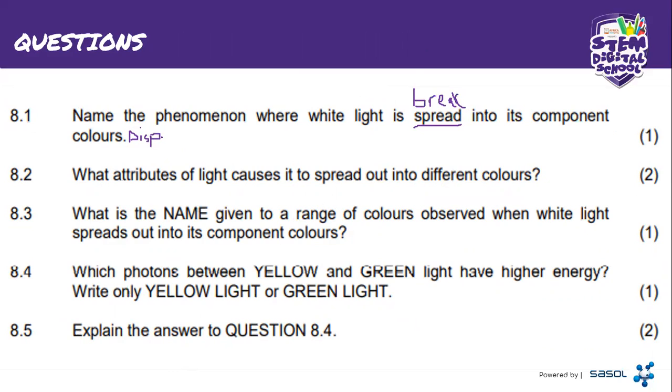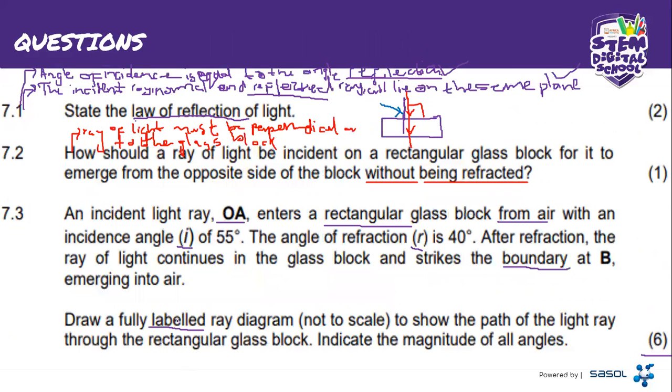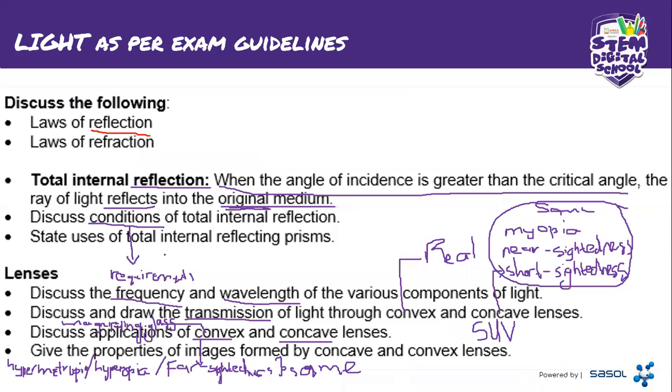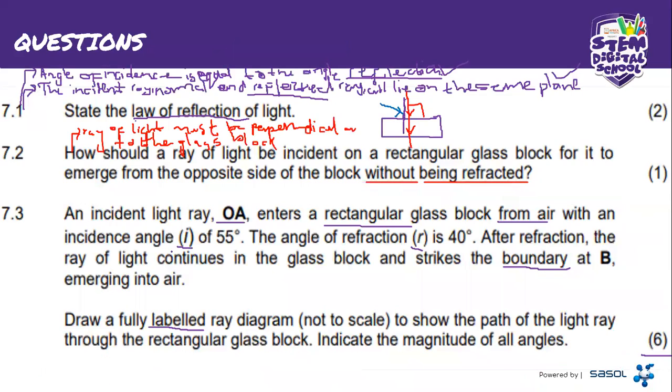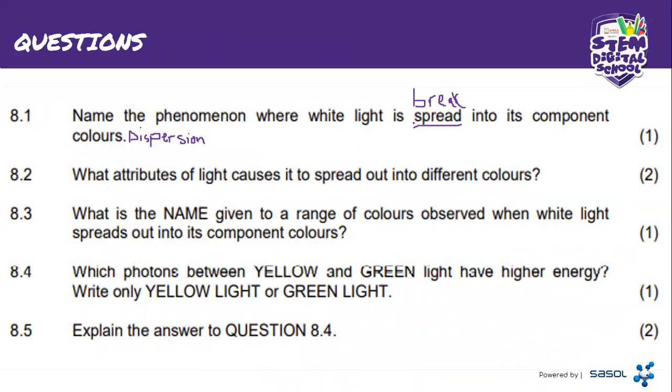Even when we define it from our examination guideline, we say dispersion is a phenomenon whereby white light breaks into its component colors. There it is, the phenomenon whereby light breaks up into its component colors. So that is definitely a mark because we are just giving the term.